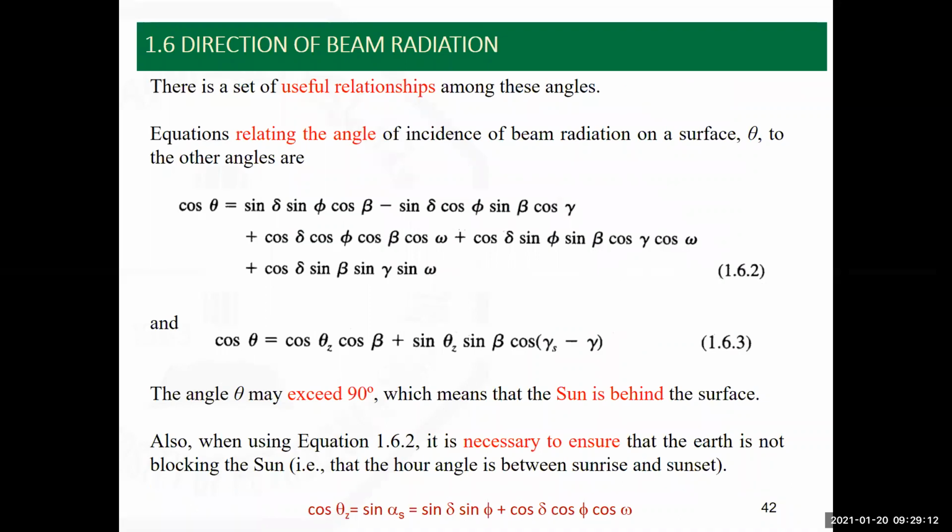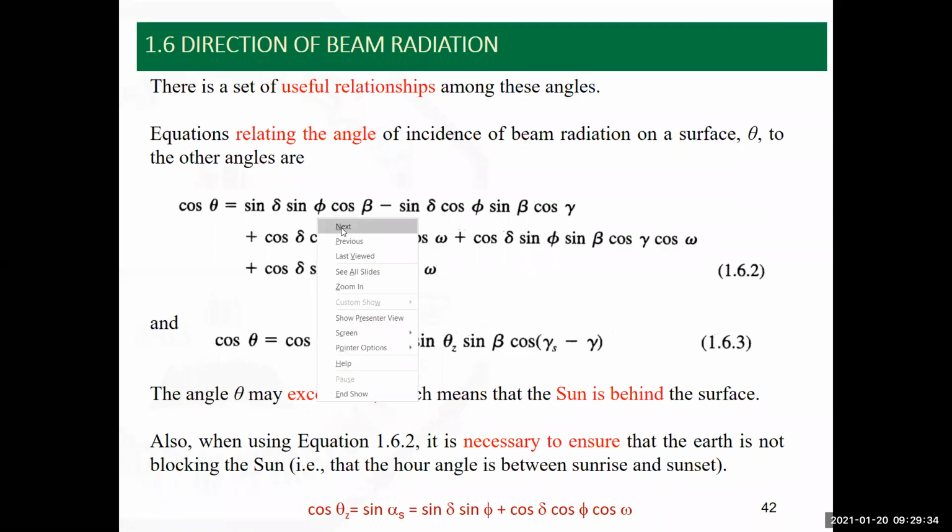Here comes now some other formula that again definitely should be provided to you. The useful relations, for example, the incident angle can be related to delta, the angle of declination, phi, and phi represents what?